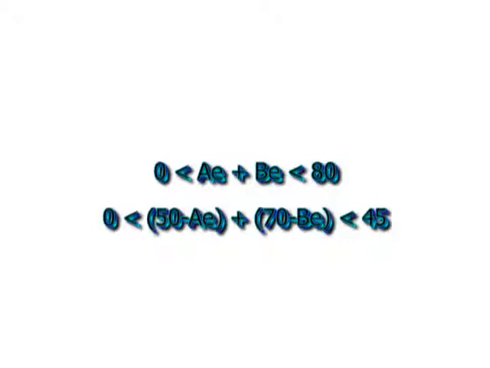The equations labeled earlier as equation 1 and equation 2 will allow us to substitute and get rid of two of the variables in the second inequality. So the formula will be as follows: 0 is less than or equal to AE plus BE is less than or equal to 80, and 0 is less than or equal to 50 minus AE plus 70 minus BE is less than or equal to 45.